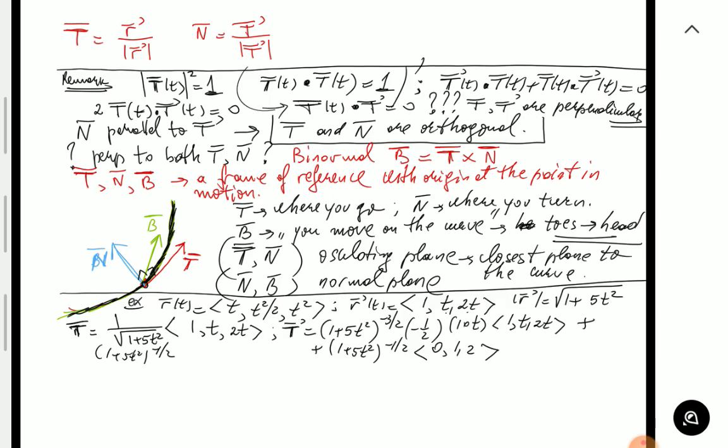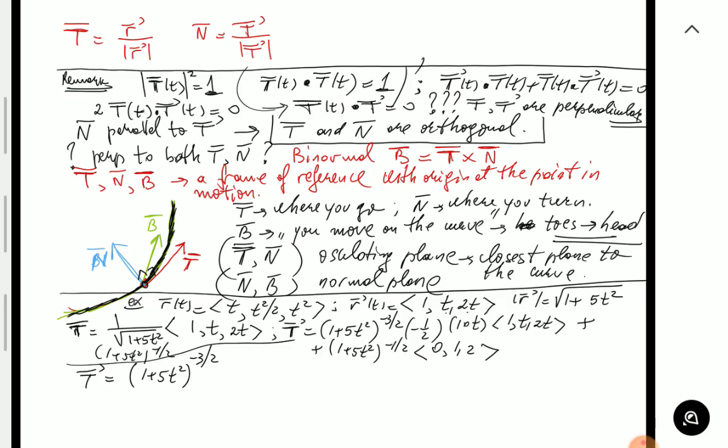Okay, now, how do we simplify this a little bit? Well, just pull out the parenthesis with the smaller power. So for T prime, I'm going to pull out 1 plus 5t squared to the minus 3/2. You should probably pause and do this slower on your own.